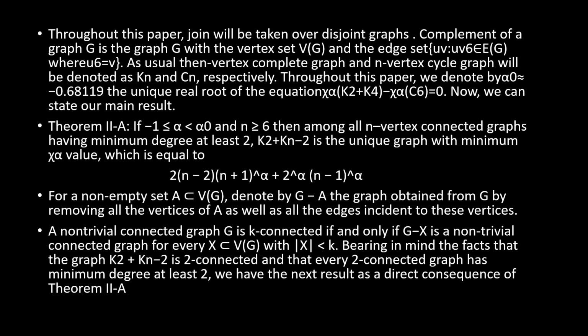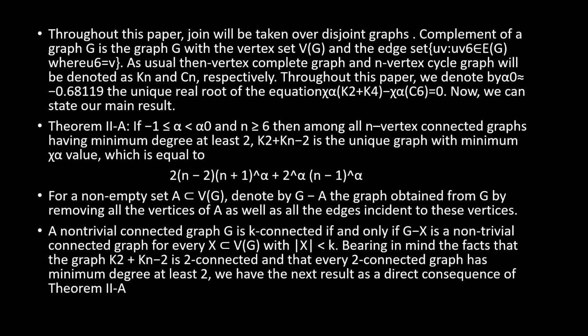Theorem 2a: if −1 ≤ alpha < alpha naught and n ≥ 6, then among all n-vertex connected graphs having minimum degree at least 2, K2 + K(n−2) is the unique graph with minimum x_alpha value, which is equal to 2(n−2)(n+1)^alpha + 2^alpha (n−1)^alpha.